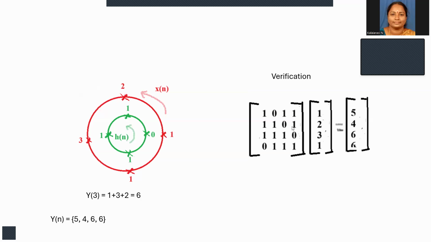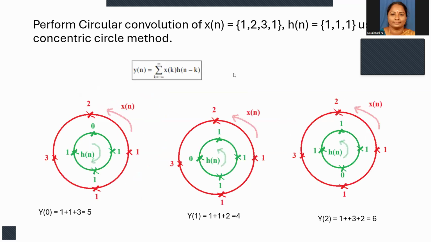Next, multiply the second row by this column: 1 into 1, 1; 1 into 2, 2; 3; then 0; this 1. So 4. Similarly, multiply the third row and this column, and the fourth row and this column, and you will obtain the vector 5, 4, 6, 6. That is the output sequence. So this is the circular convolution performed with the concentric circle method. Thank you.